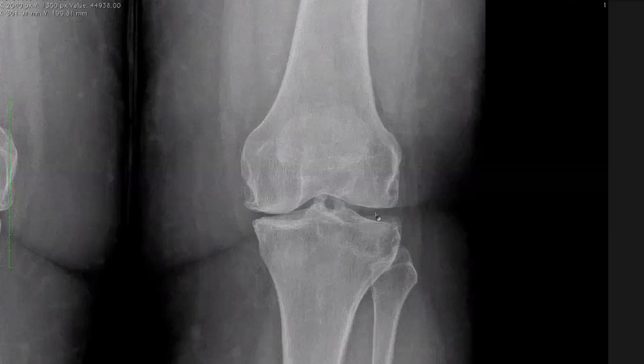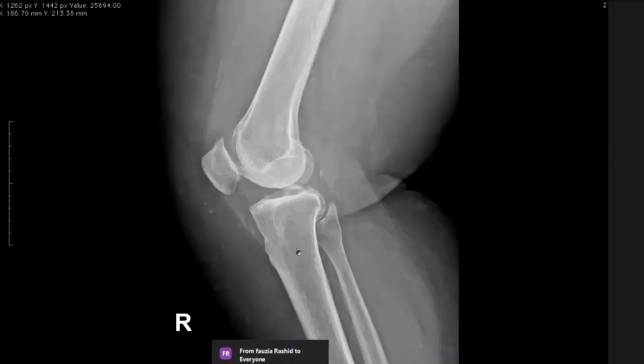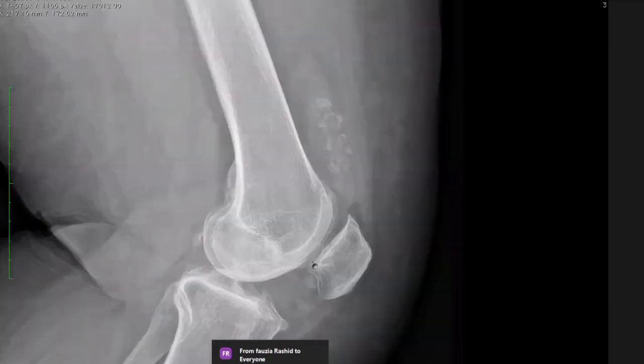In the fibrocartilage of the menisci, you see linear calcifications, or sometimes it conforms to the triangular shape of the menisci. So do you see any chondrocalcinosis? No, sorry, I cannot see it. You might be right, but I think it's not a typical appearance. If you are trying to make a diagnosis of pseudogout, then you need to see chondrocalcinosis.